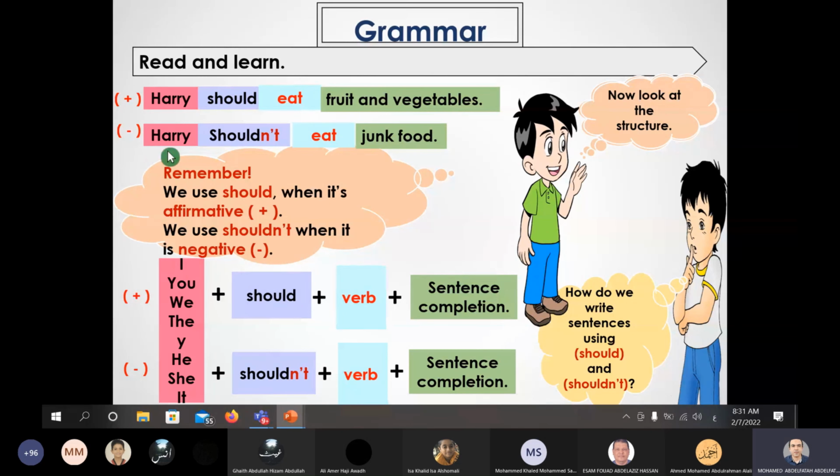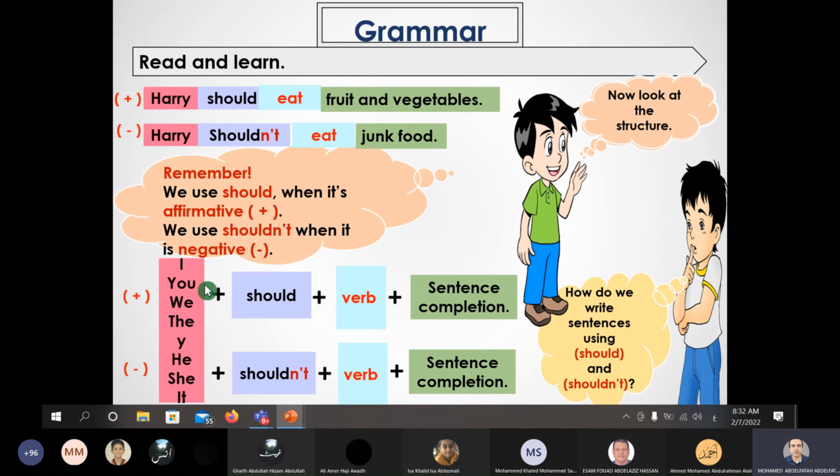And for negative: Harry shouldn't eat junk food. What is the meaning of junk food? That means bad food or fast food. Remember, we use should when it's affirmative, and we use shouldn't when it's negative.